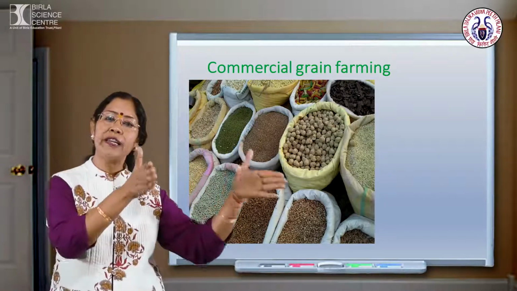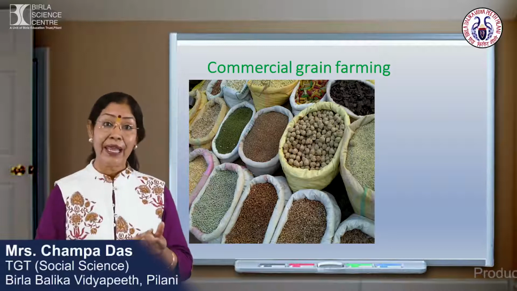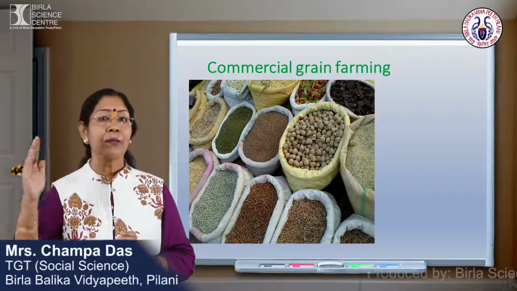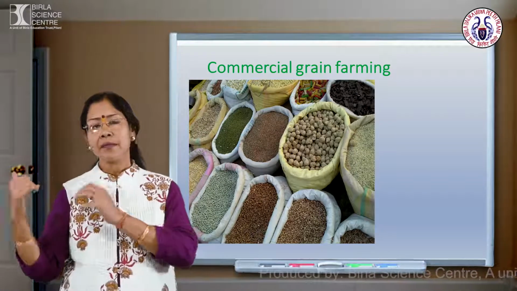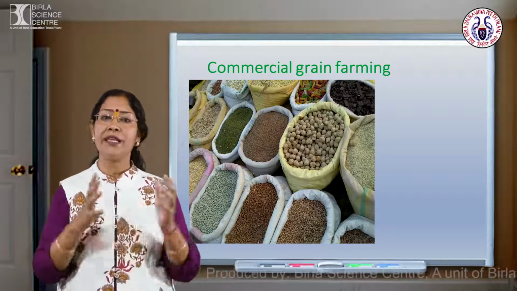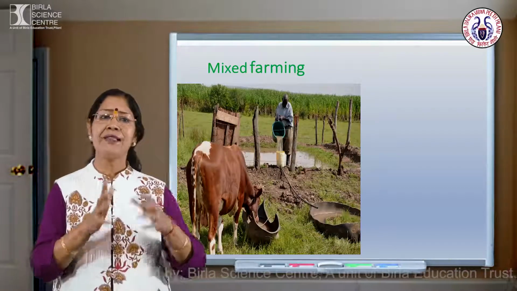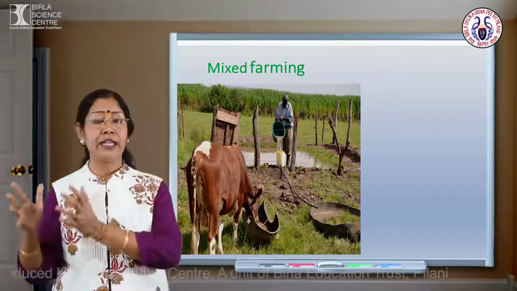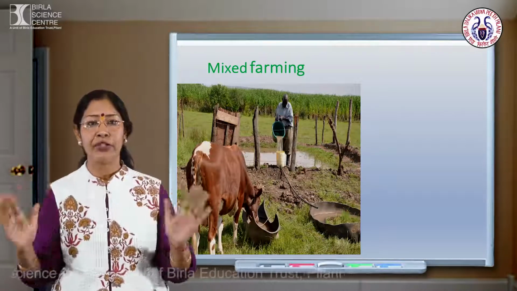In commercial grain farming, grains like rice, wheat, maize, millets, etc. are grown to sell in the market to get profit. And now the mixed farming. In mixed farming, crops are grown and animals are reared. As the cultivators keep animals with them along with their cultivation, this brings a little extra income to them.